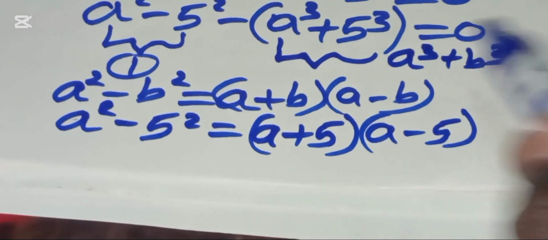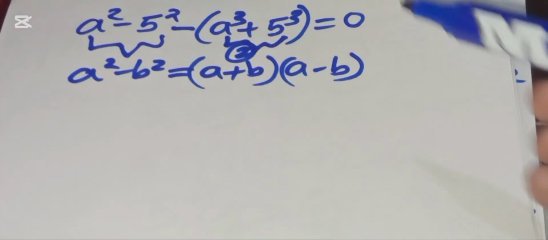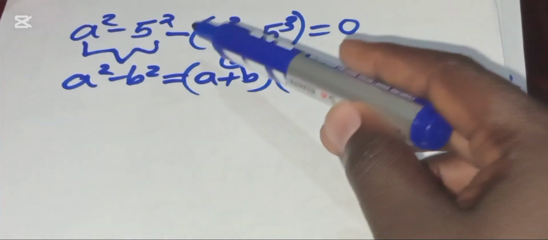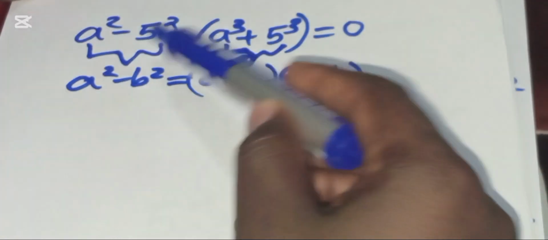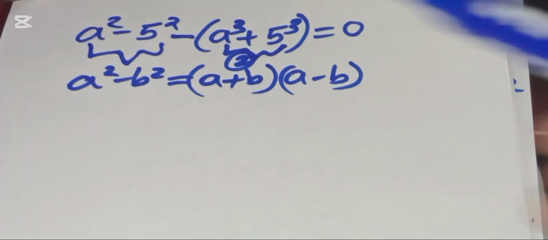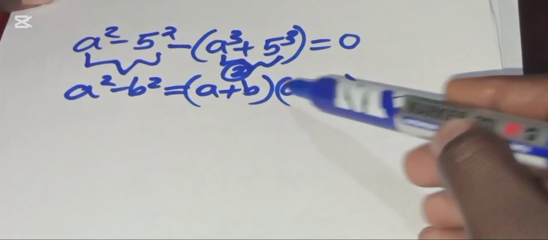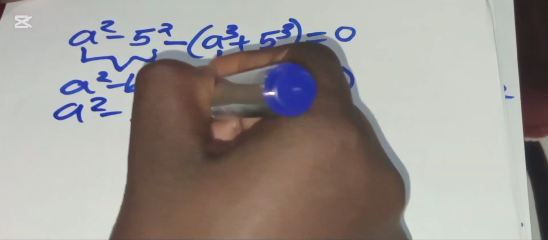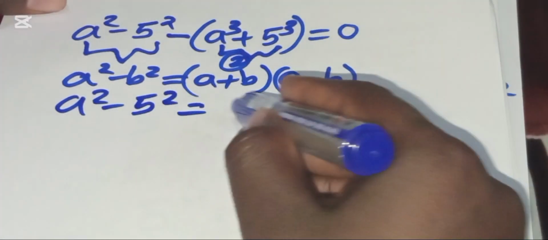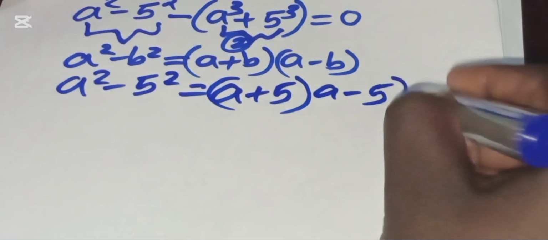So let's express it. We have a squared minus 5 squared minus a cubed plus 5 cubed. The first part is the difference of two squares, expressed as a squared minus b squared, which is a plus b, a minus b. So a squared minus 5 squared is the same thing as a plus 5, a minus 5.